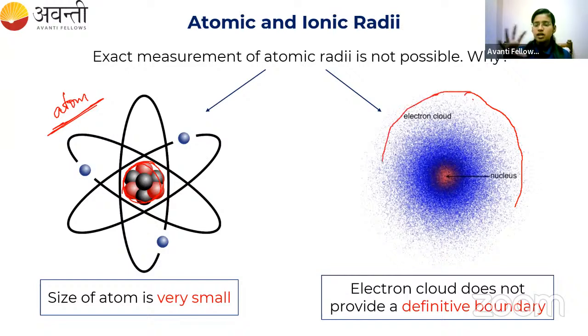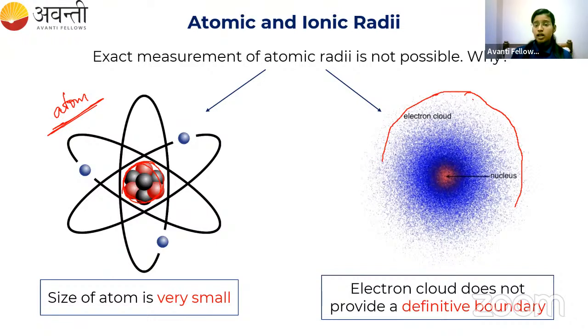Because the electron cloud is spread around the nucleus. Yeah, very good, JB Bhavnagar. The electron cloud surrounding the atom does not have a sharp boundary. So these are the two reasons why we cannot measure the atomic radii with exact values. Very important reasons.